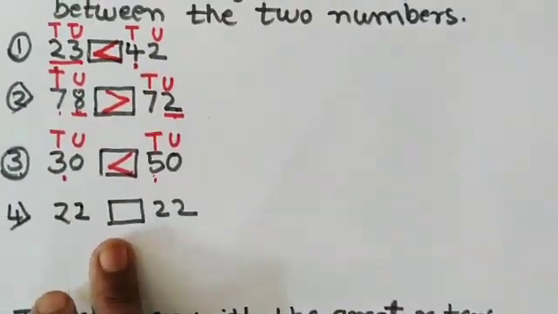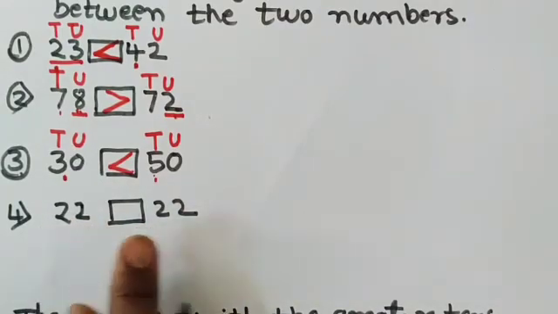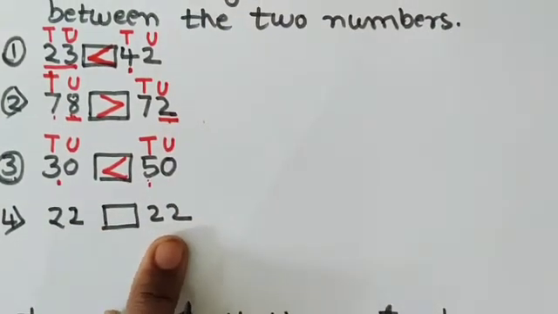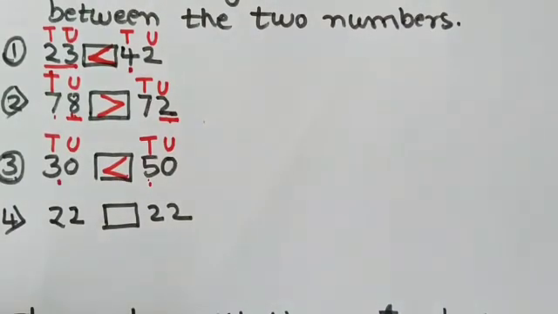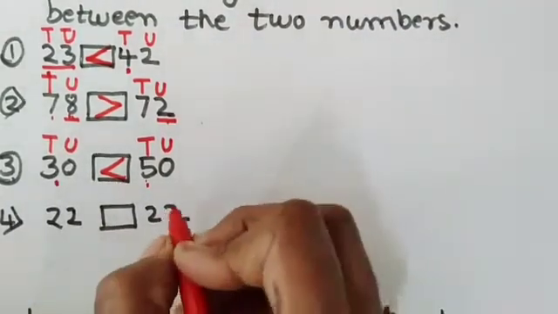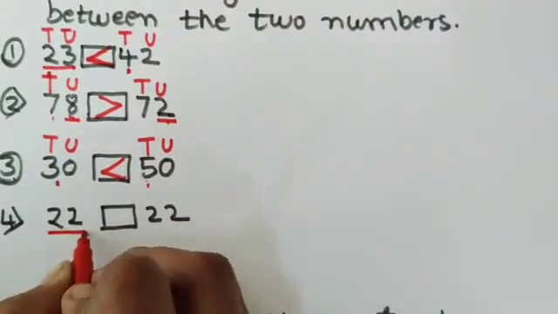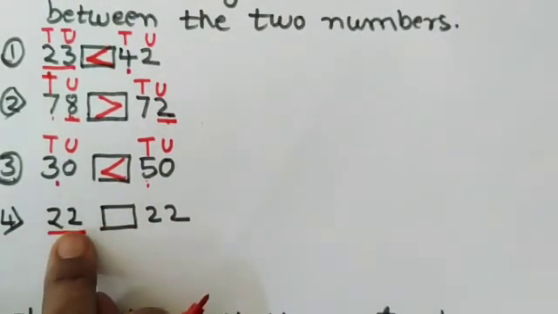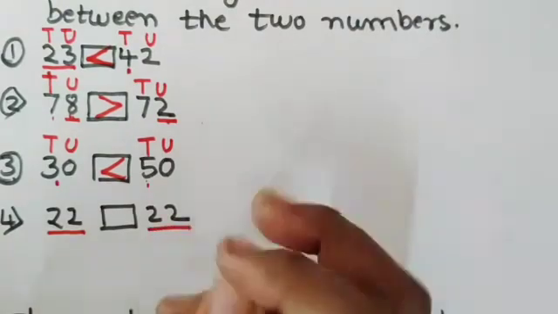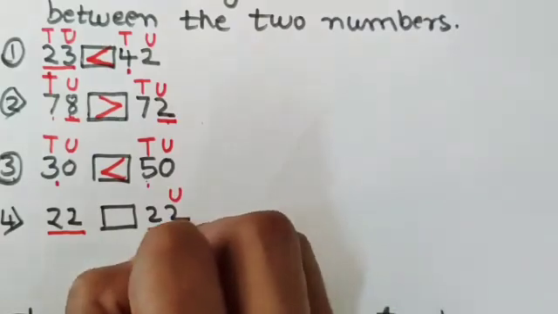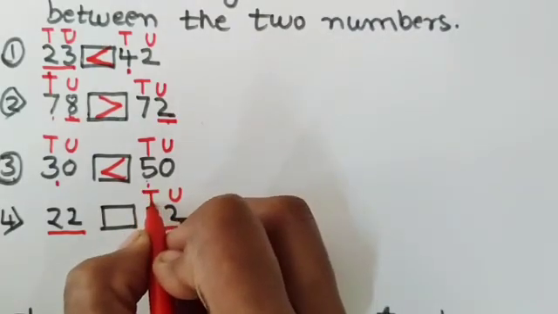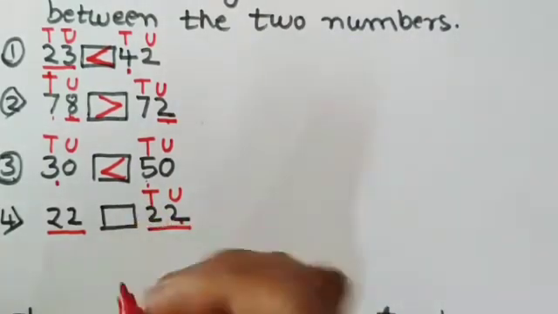It's easy, children. Can you tell me which one is greater and which one is smaller out of these two numbers? Yes, it's easy. Why? Because we can see that this number is 22 and this number is also 22. Here at units place we have 2, and at tens place also we have 2.